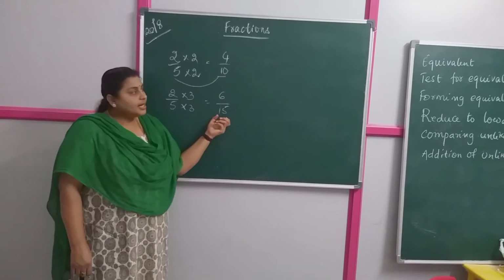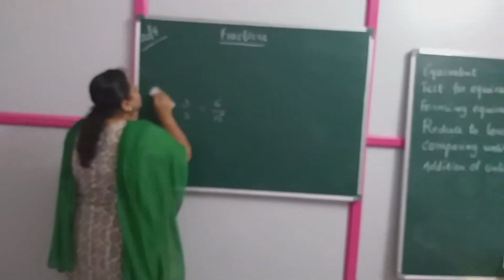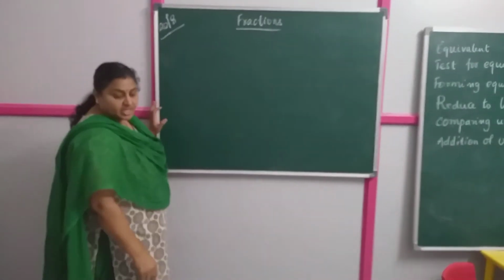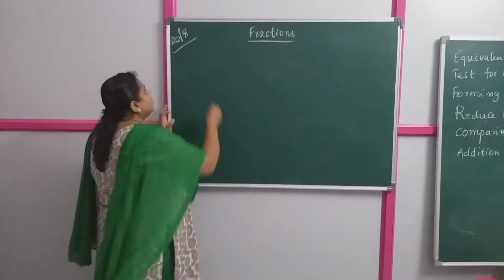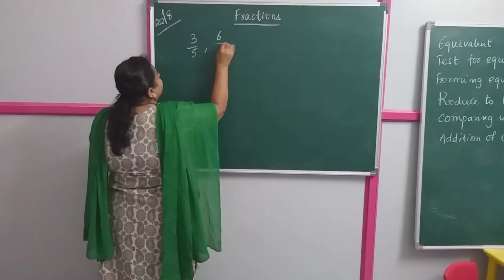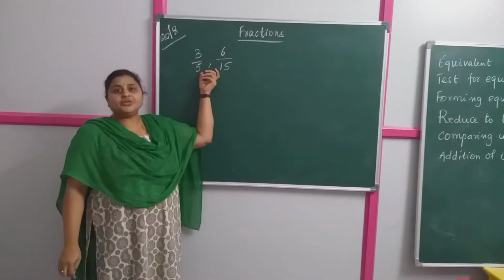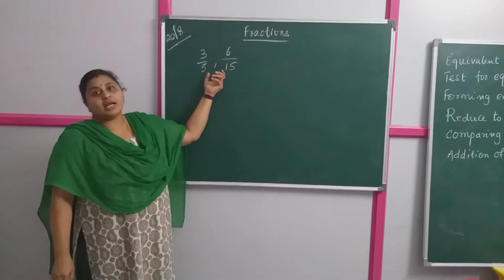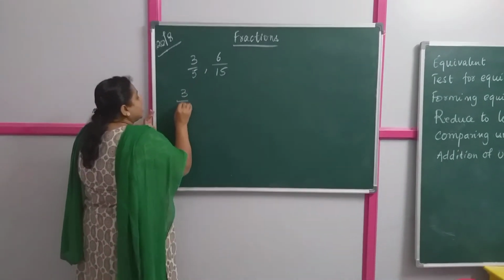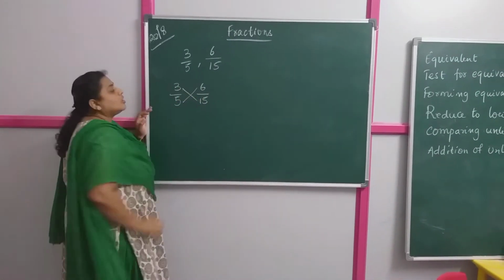Got it children? Now let us see whether two fractions are equivalent or not. How to check whether given two fractions are equivalent or not. Let us take 3 by 5 and 6 by 15. We need to check whether these two fractions are equivalent or not. We follow cross multiplication.